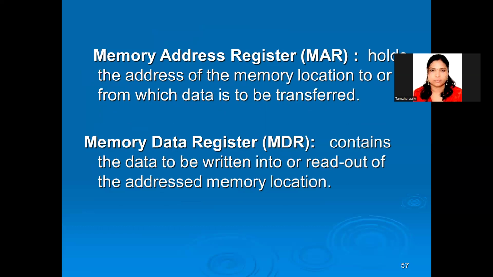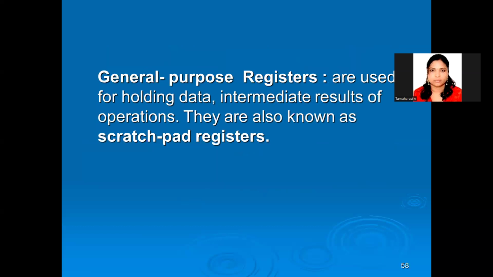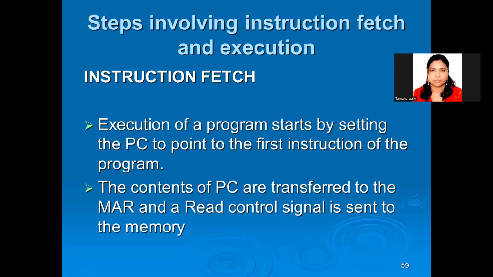MAR holds the address of the memory location from which the data has to be transferred, and MDR has the data to be written or the data read from that memory location. The general purpose registers are also referred to as scratch pad registers, used for holding the data or the intermediate results of the execution.